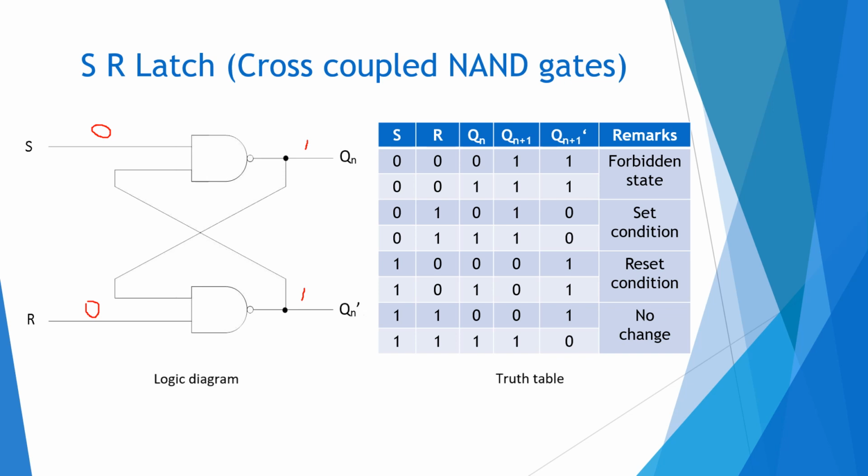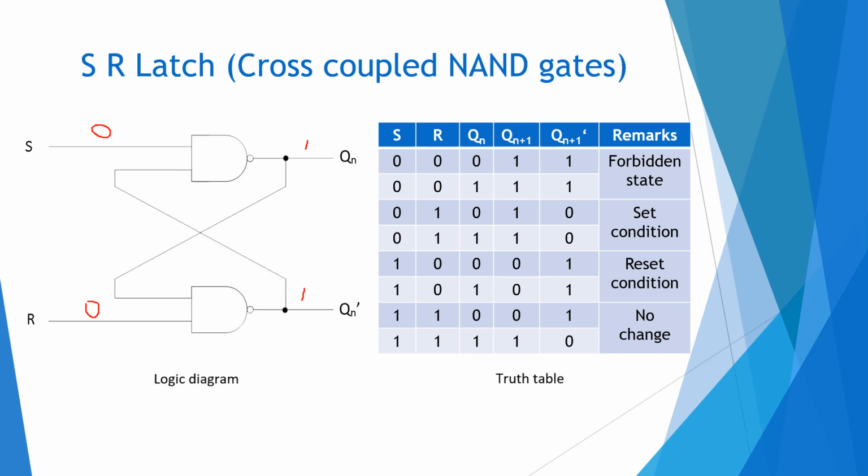When S equal to 0 and R equal to 0, whatever value of QN is there, the output will be 1 1. So we can see that this is not complementary. This state is forbidden and is not allowed in the circuit.